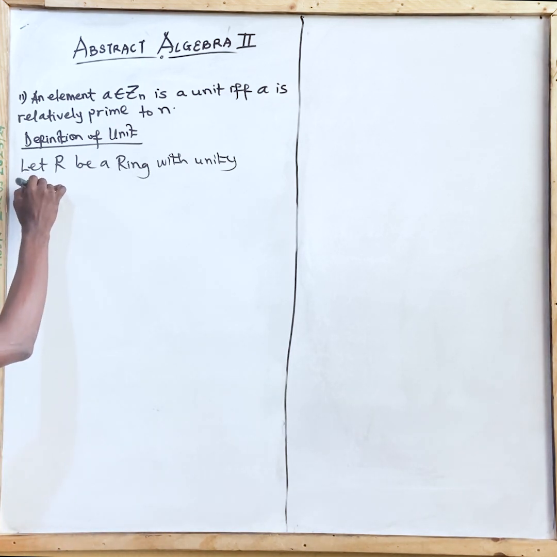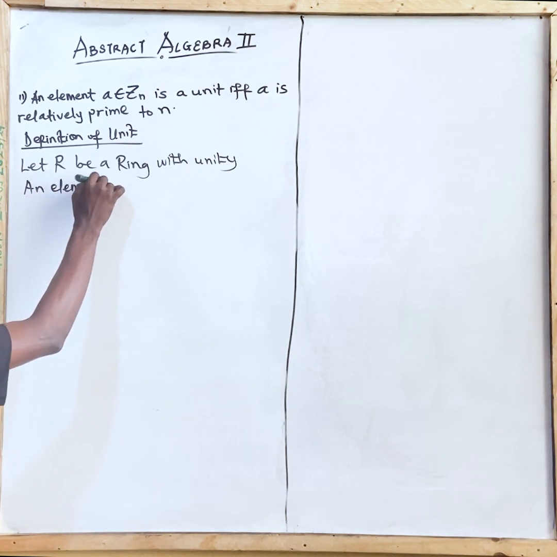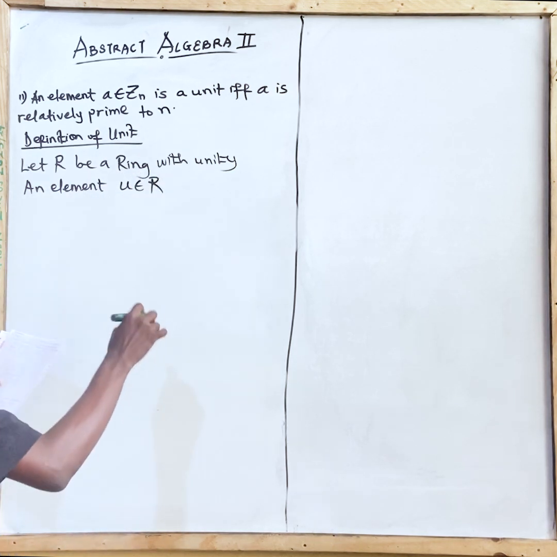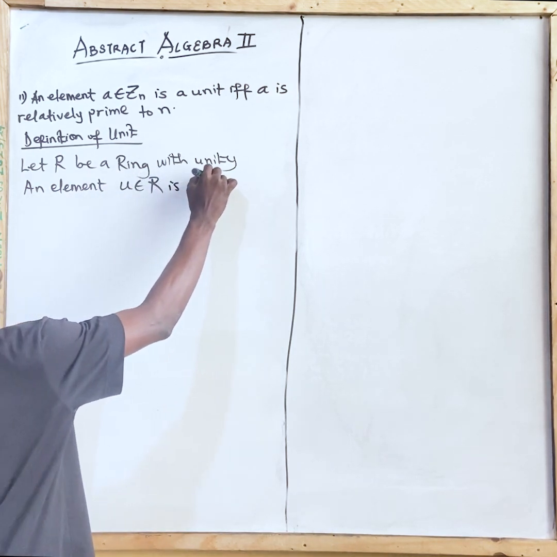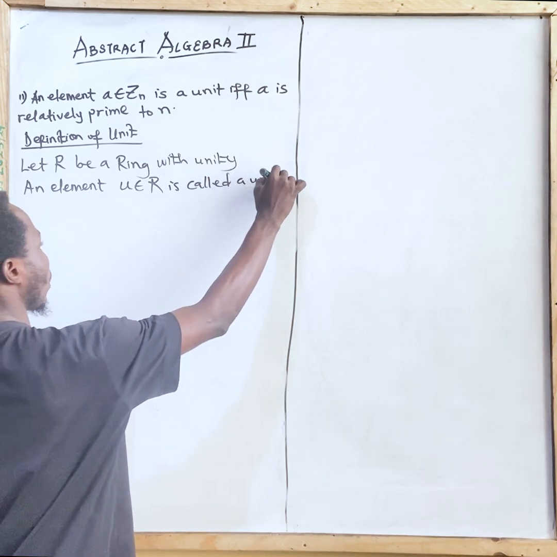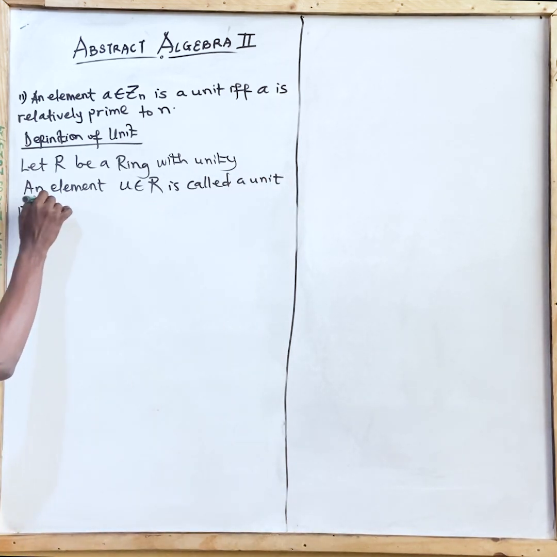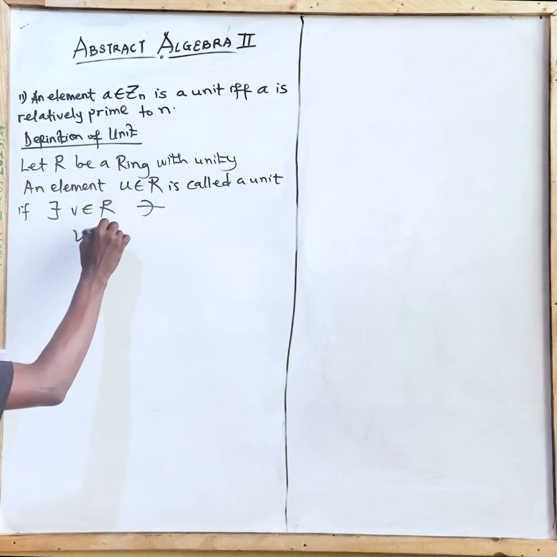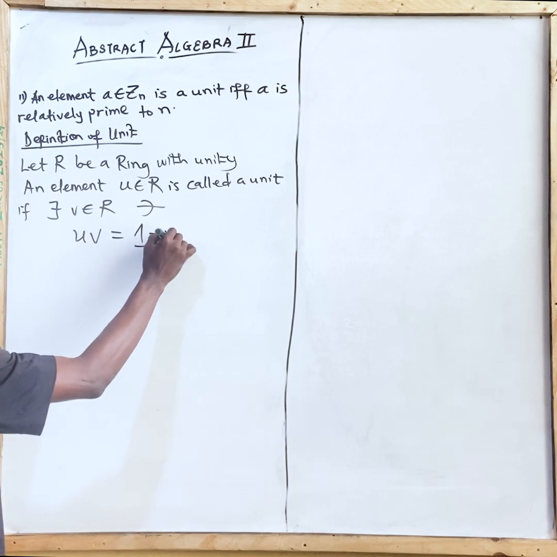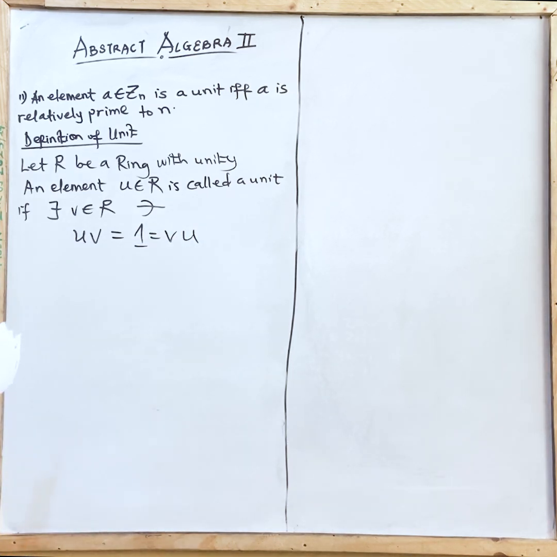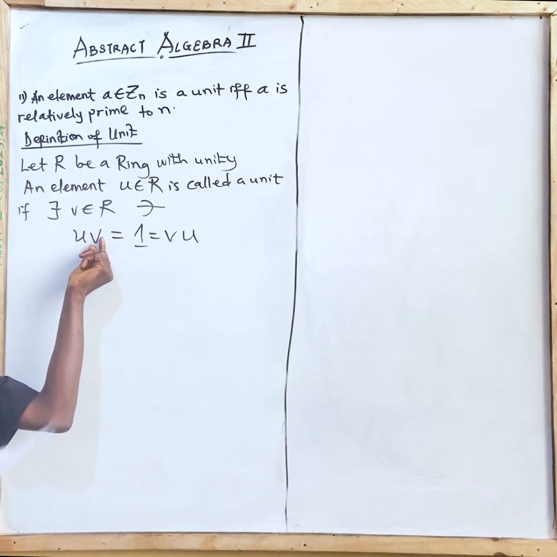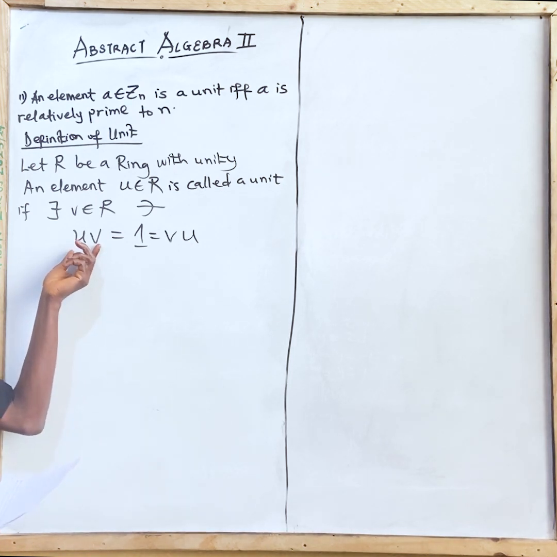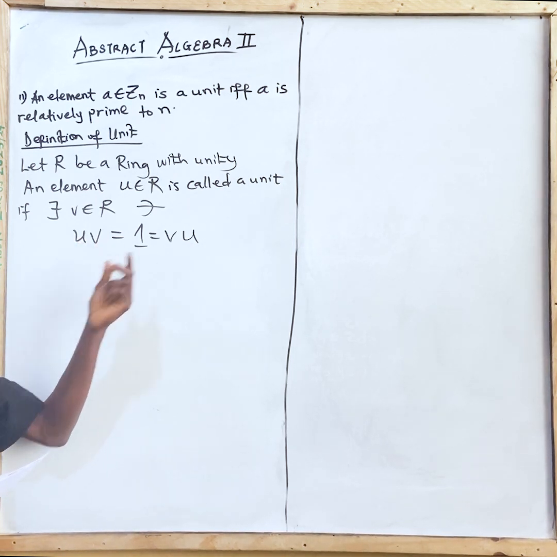An element, let's say an element U in R, is called a unit if there exists a V in R such that UV equals 1, which equals VU. So an element U in a ring is called a unit if there exists another element in that ring, which is my V, such that when I multiply the two of them together, I'm going to have 1.